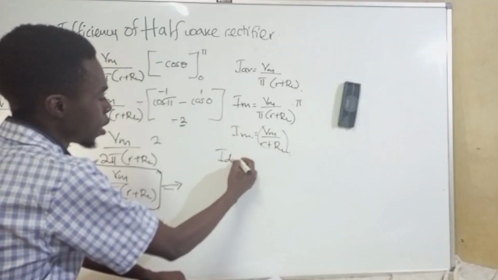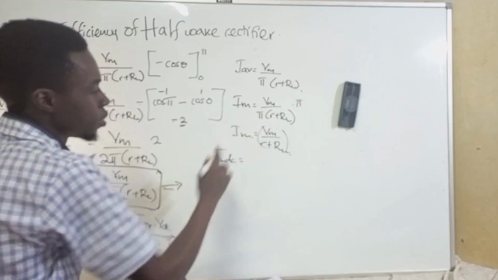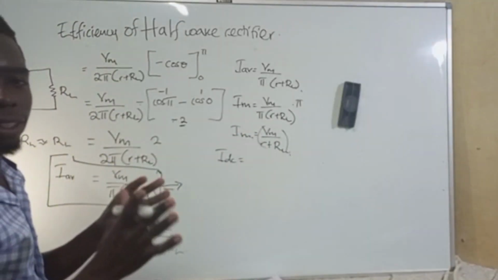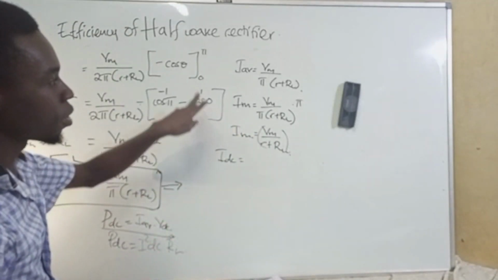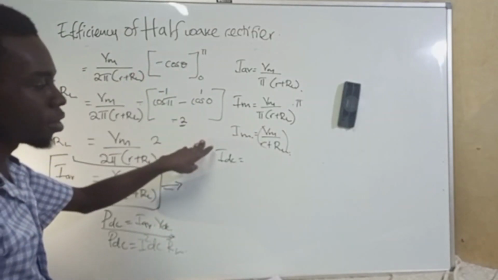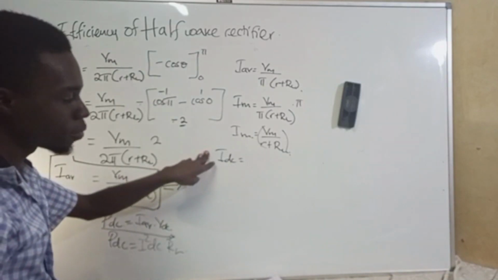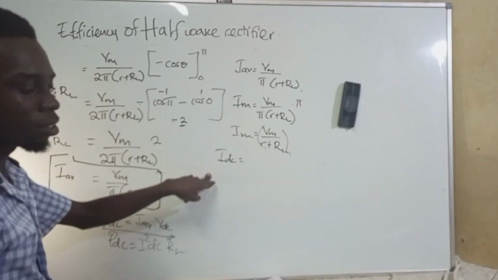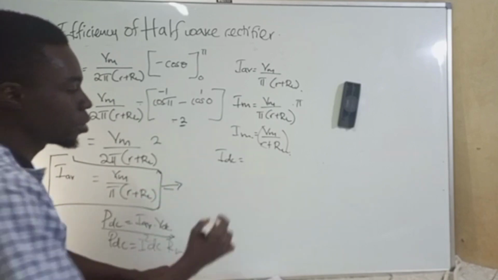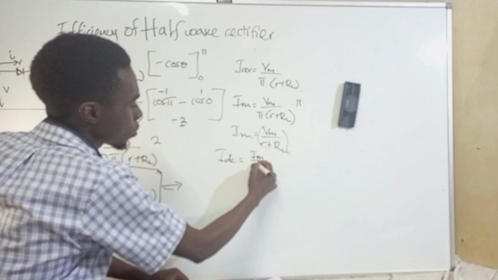So if our I maximum is that, you should always remember that the DC value of the current is going to be equal to... The thing about this is that whenever you need, for a half-wave rectifier, to find the average value, I mean the DC value of current or the DC value of voltage, you get the maximum value and always divide it by pi.